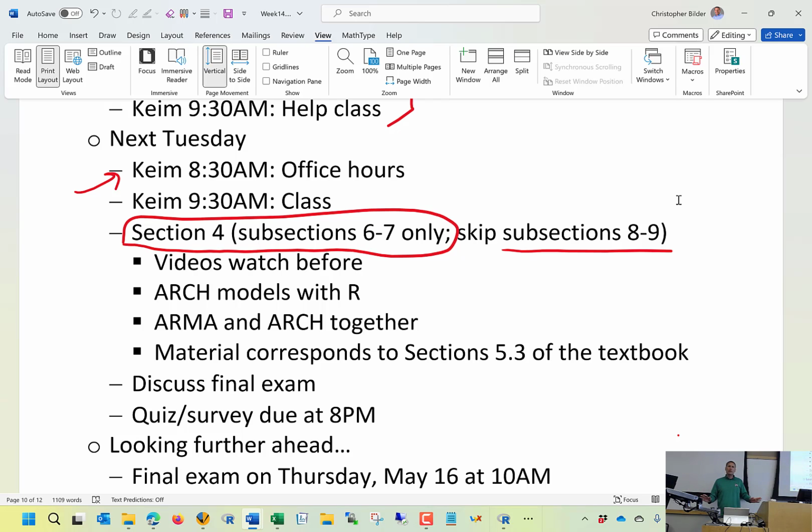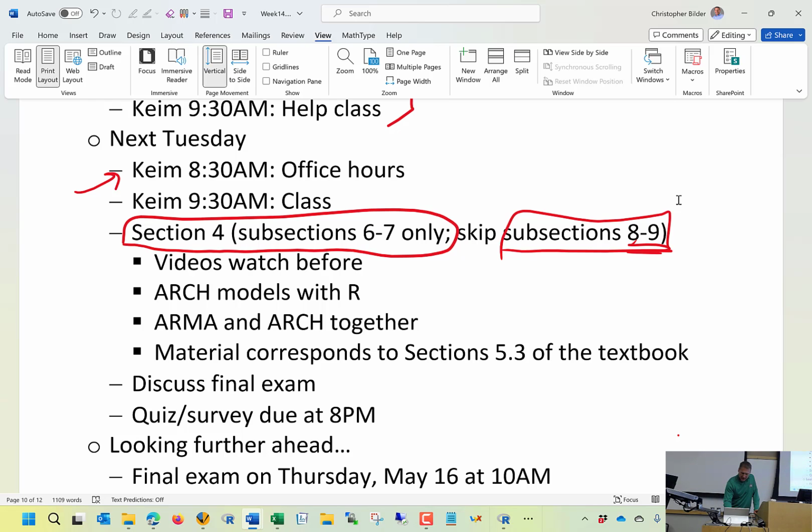We're not going to do those here, simply because that would be too much for the last week of class. So that's why I did this the last time I taught this course. I give you the notes, I give you the videos. So if you're interested in what's discussed in these subsections, you're welcome to take a look at it, but you are not responsible for it for a test.